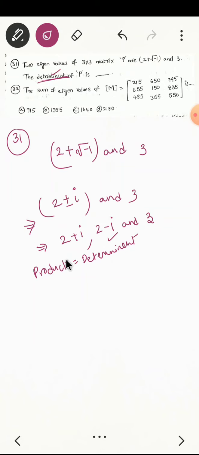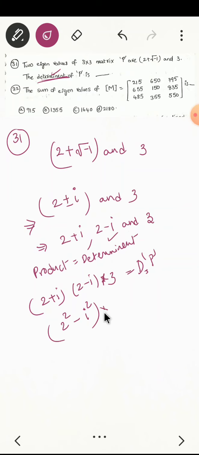So 2 plus i into 2 minus i into 3 will be the determinant of matrix P. Here, a plus b into a minus b is a squared minus b squared, into 3. So 2 squared is 4, i squared is minus 1, minus of minus 1 is plus, so 5 into 3, that is 15. So the answer to problem number 31 is 15.